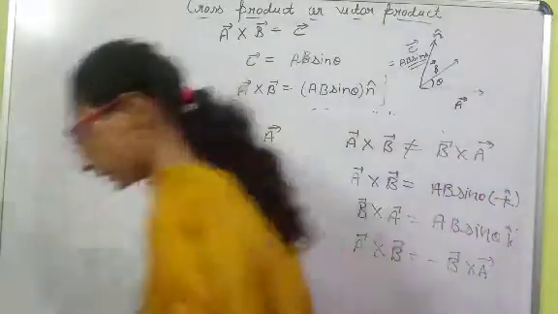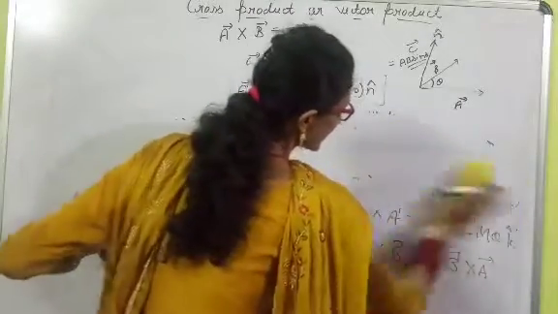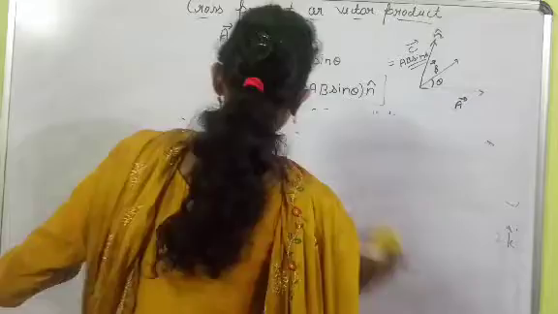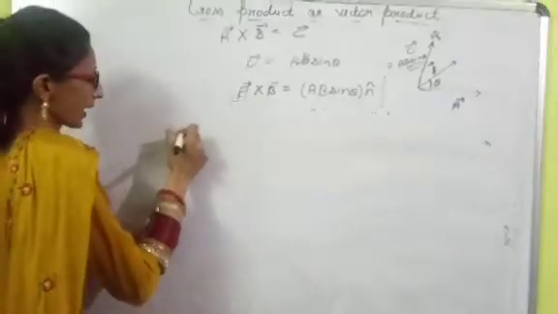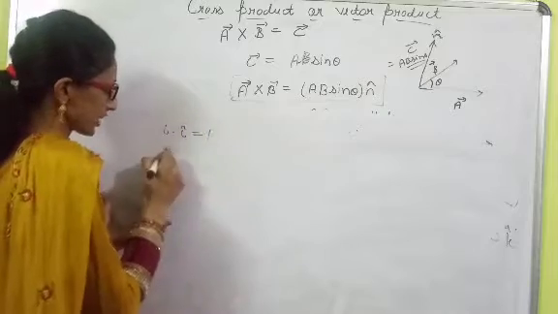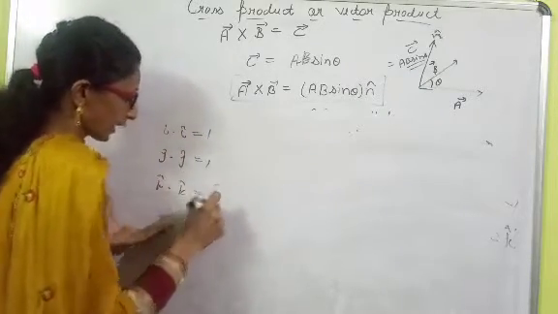Next is the cross product of unit vectors. In the case of the dot product, you know that I dot I has a value 1, J dot J has a value 1, K dot K has a value 1. Why do we take this?